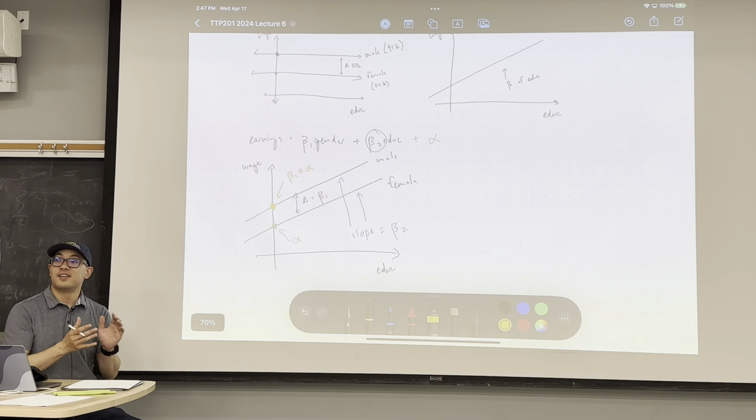Just to reiterate, if you have a fit that looks like this versus a fit that looks like this, and you have points outside here, this is bias error, and this is our variance error.